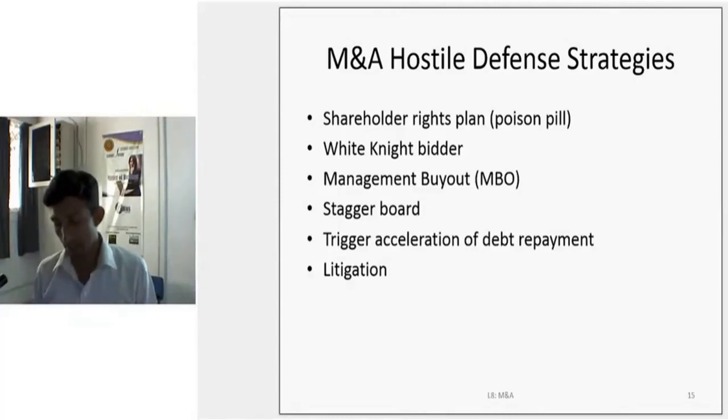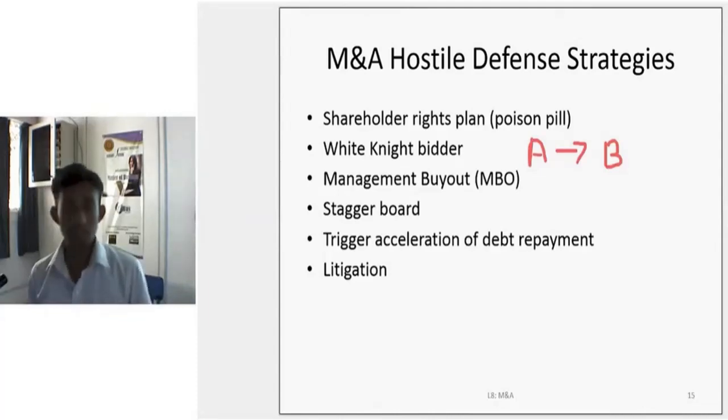Let's say company A is really interested in taking over company B, but company B is not interested in being merged or acquired by company A. So we take a lot of strategies to safeguard the company from being taken over by A.